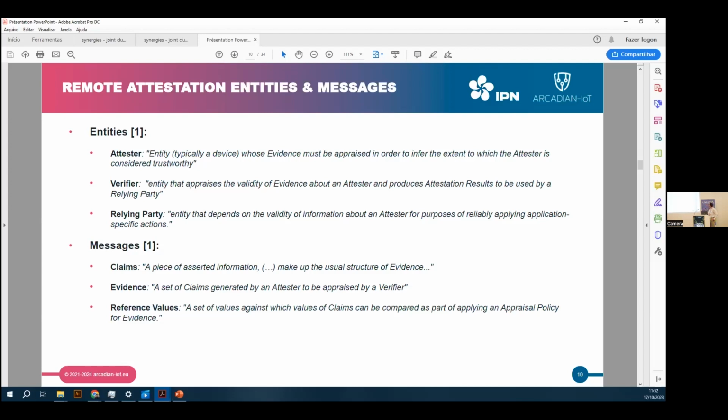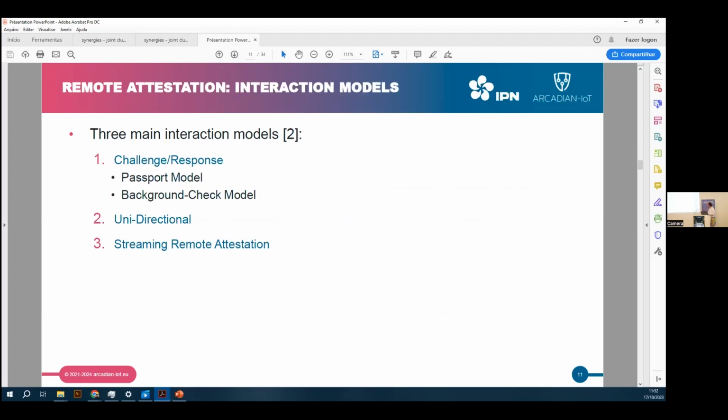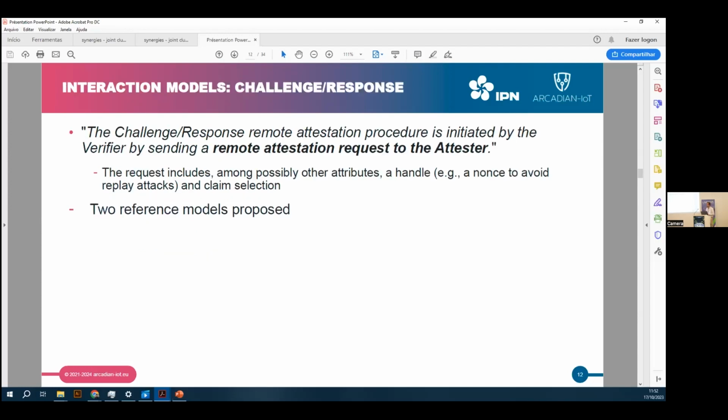There are three main interaction models, and each of these also has some sub-modes. The first one is the challenge response. Challenge response remote attestation is characterized by being initiated by the verifier through the sending of a remote attestation request to the attester.